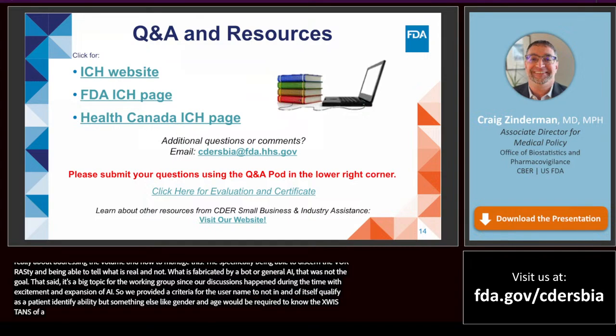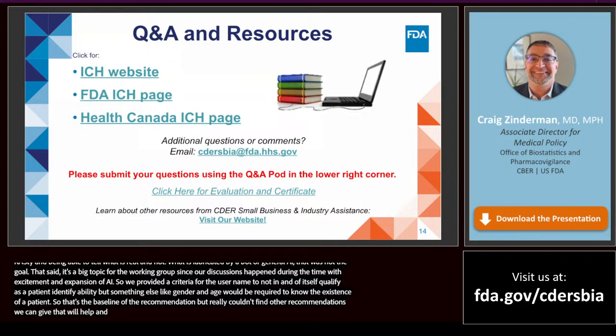That was a baseline that we were able to provide as a recommendation in the guideline, but we really couldn't find other recommendations that would work to tell what's real and what's not real out there on the internet. That was pretty much what was doable as a recommendation.